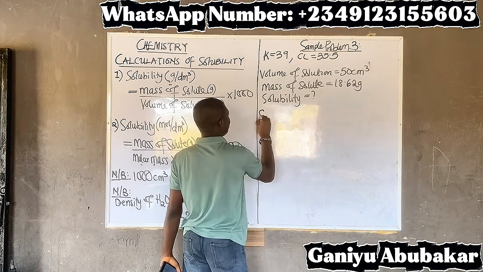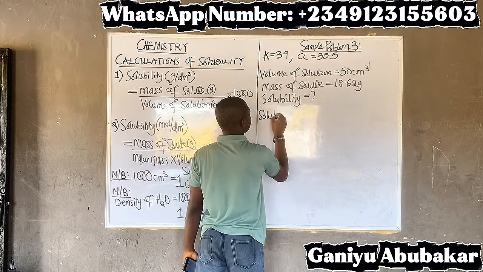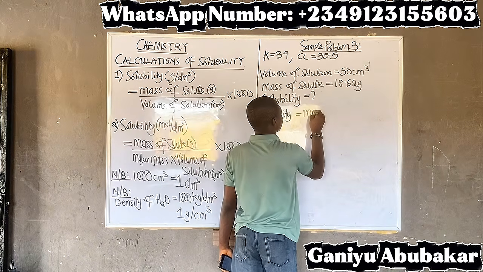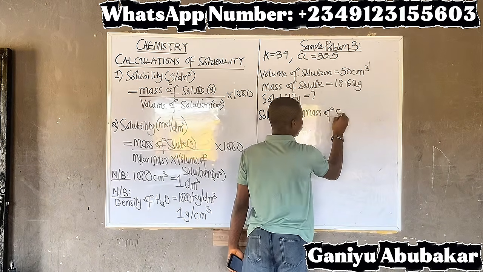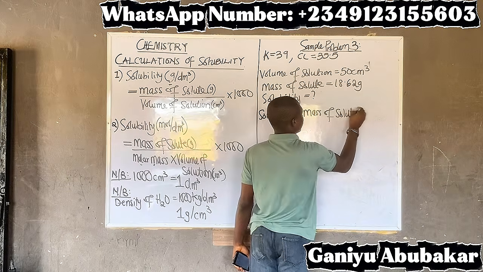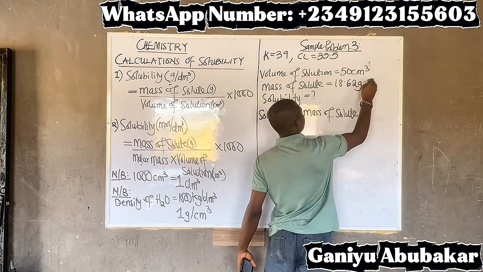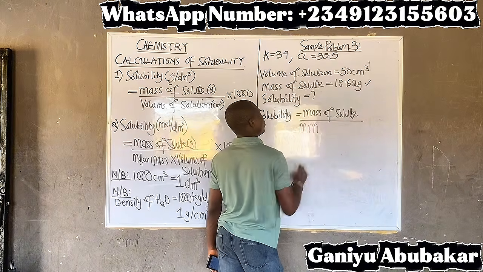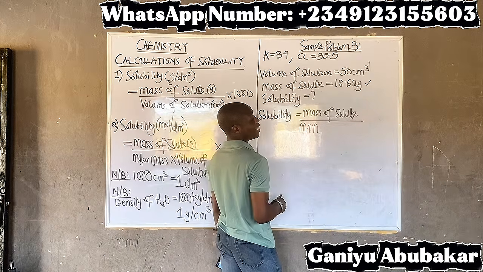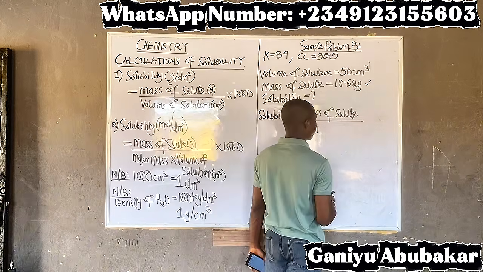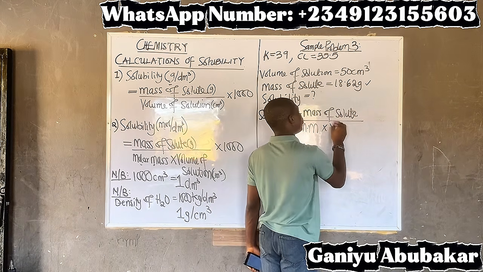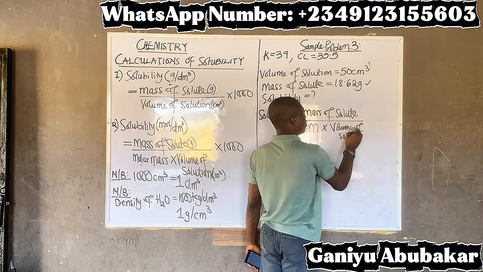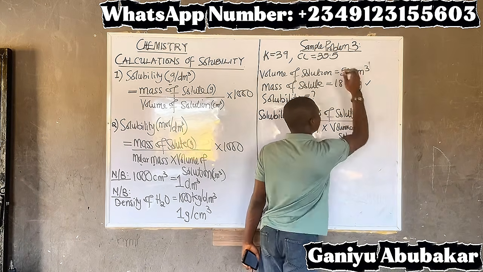From here now, solubility, as we know, is equal to the mass of solute, which is known, all over the molar mass of the compound, KCl, times the volume of solution, which is given as 50.